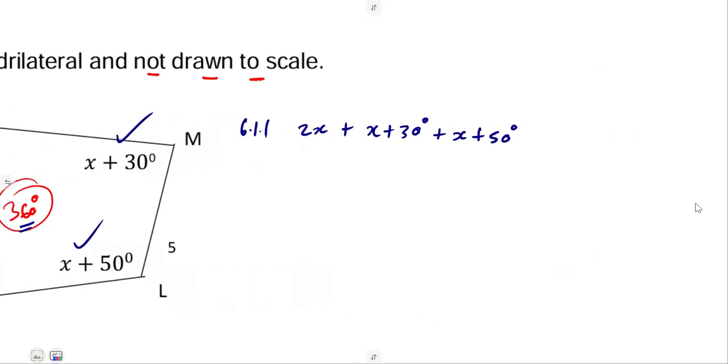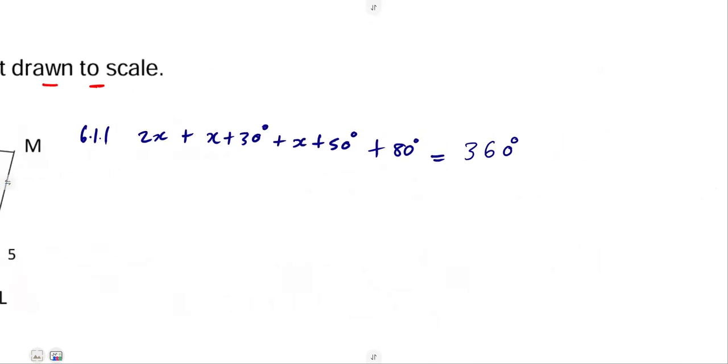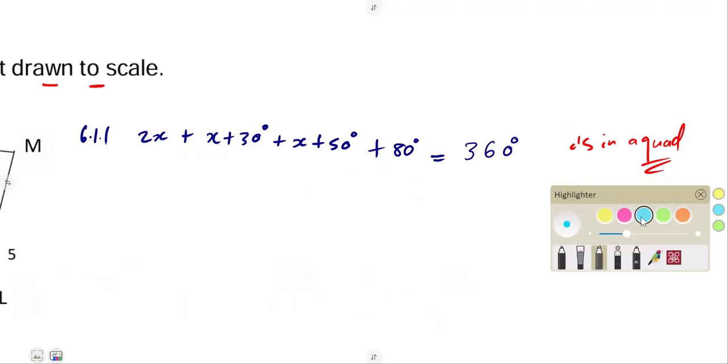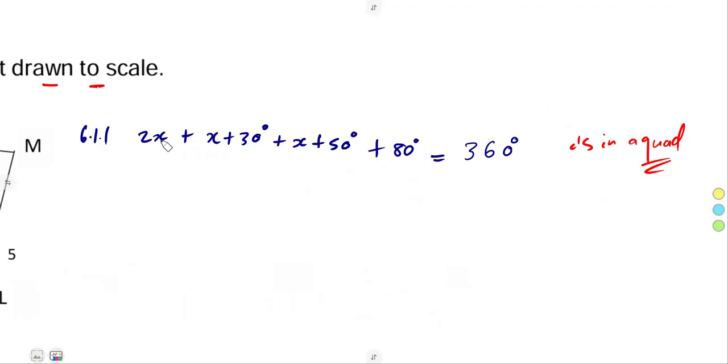All four angles, I add, and I must obtain 360 degrees, angles in a quadrilateral. So that is our major case. We have formed an equation. Solve for x.